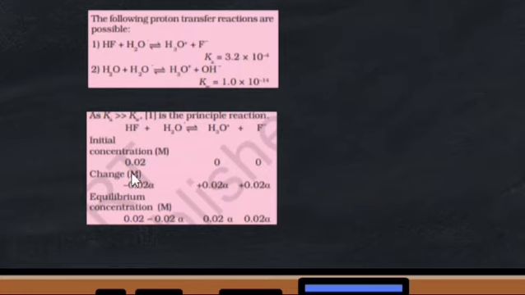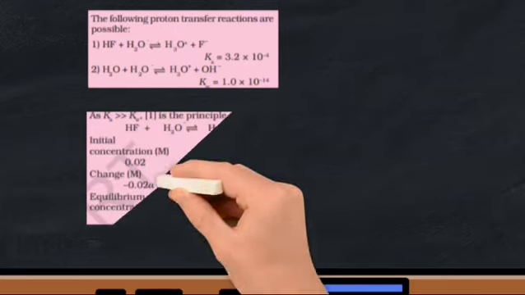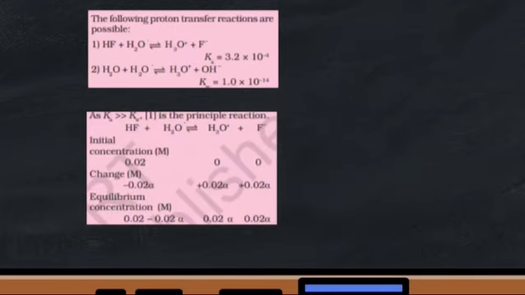For this, Kw, the equilibrium constant of water, is equal to 1 × 10^-14. From this, it is evident that the Ka value is much greater than Kw.